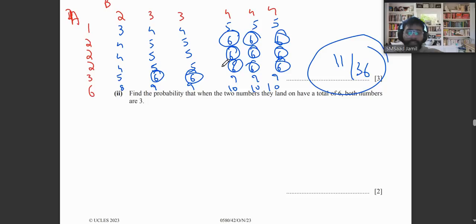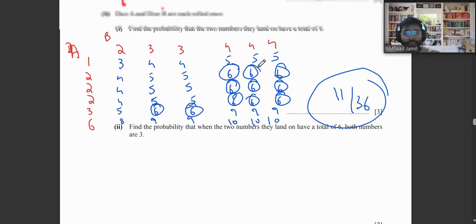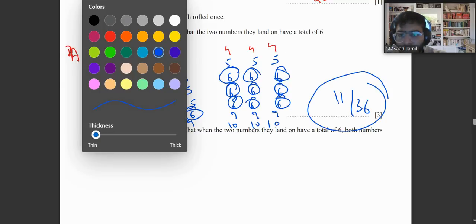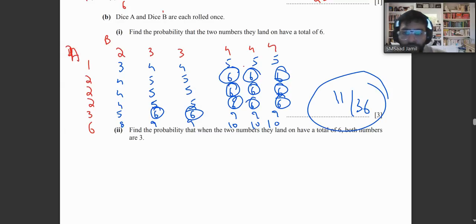Now find the probability that when the two numbers they land on have a total of 6, both numbers are 3. Both numbers are 3, this, because 3 and 3. So look guys, try to understand the question.